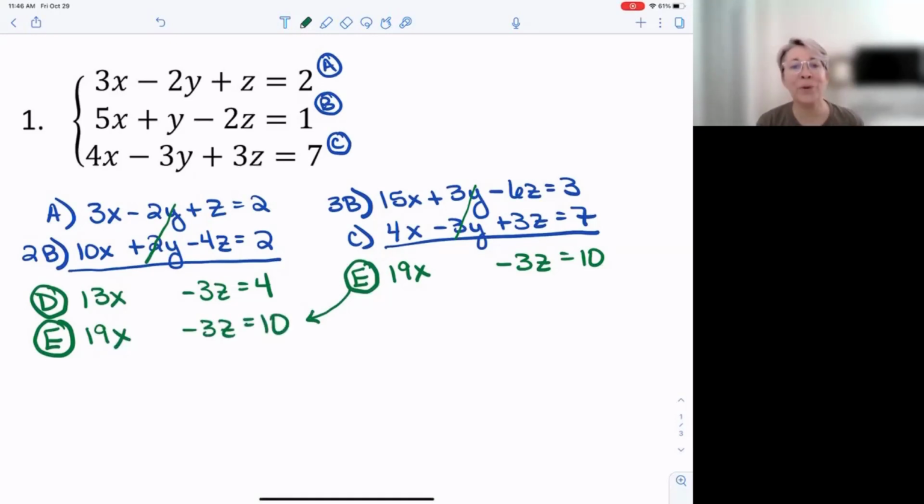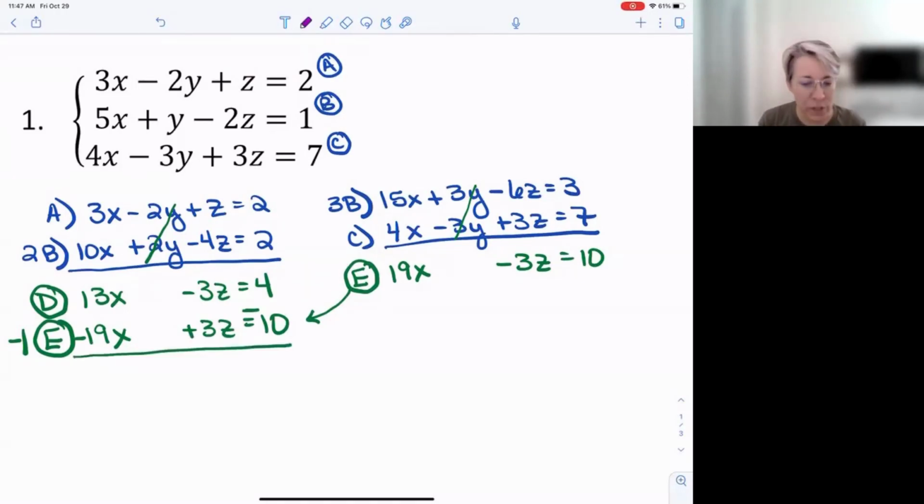Now we have to eliminate again to get it down to 1 variable, 1 equation. It looks like the z's would be a good choice. So I need to take one of those equations and multiply it by a negative. I'm going to multiply equation E by negative 1. That will give me a negative 19x, a positive 3z, and a negative 10.